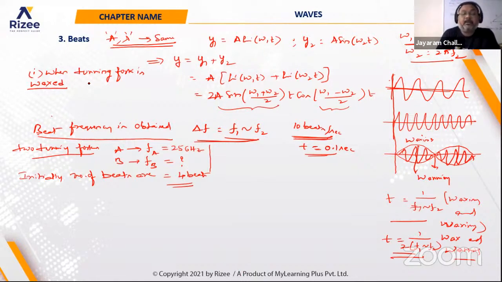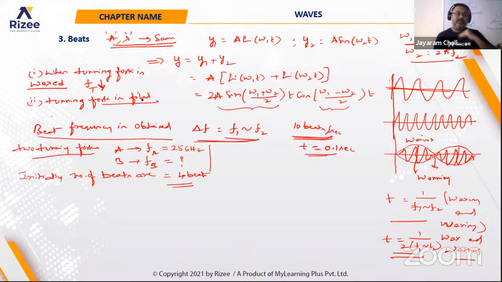Because the thickness of the prongs increases, the frequency of the tuning fork will decrease. And simultaneously, if a tuning fork is filed, what do you mean by filing? That means you are removing a layer from it. Because of the filing, the frequency of the tuning fork will increase, because the prong size is reduced.